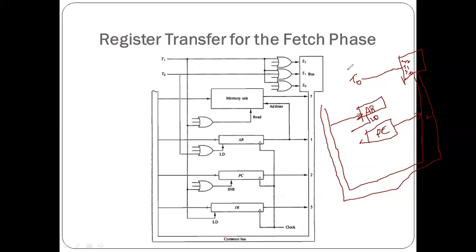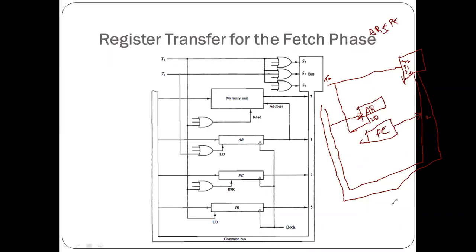So this T0 itself is connected to the load control signal. Okay, so this is the first micro operation, which is the contents of PC are transferred to AR. That is done by this diagram.